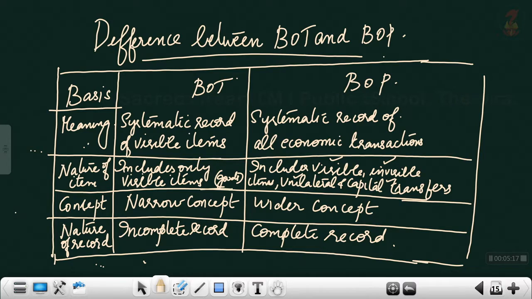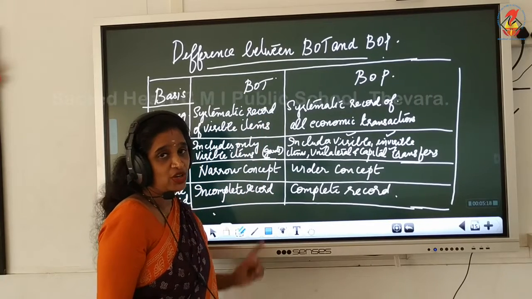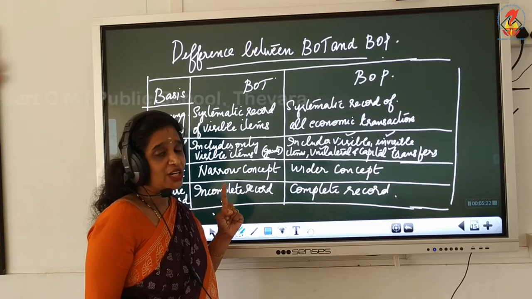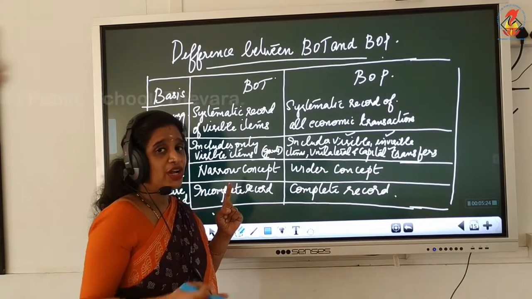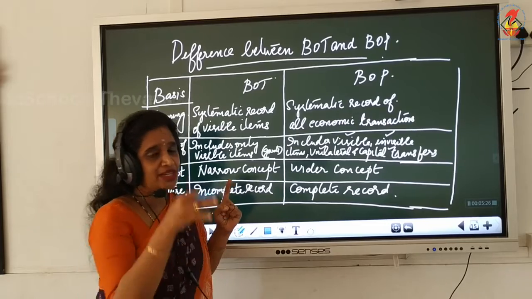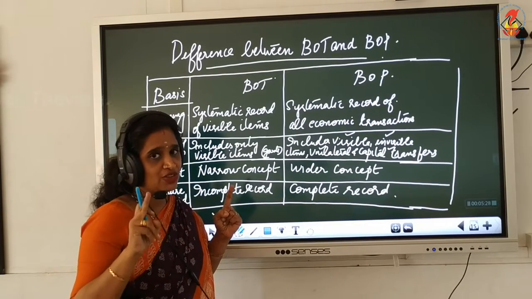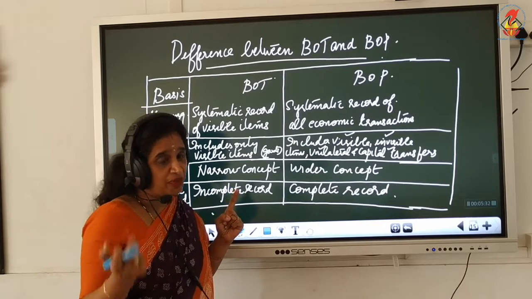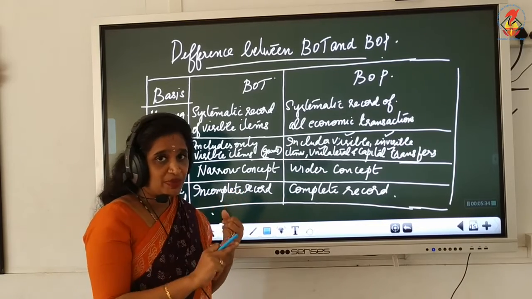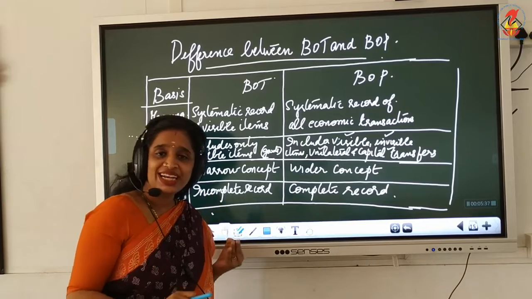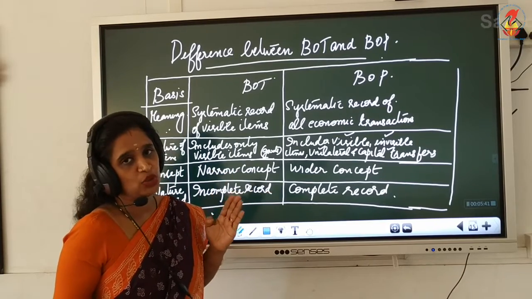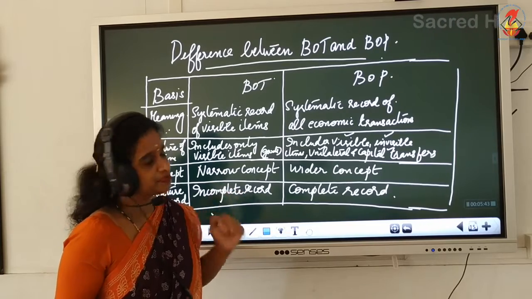All the 4 are included in balance of payment, but only the first item is included in the balance of trade. So balance of trade is a component of balance of payment. It is an item in the balance of payment. So balance of trade includes only visible items, but whereas balance of payment includes visible, invisible, unilateral and capital transfers. All the 4 are included in the BOP, balance of payment.